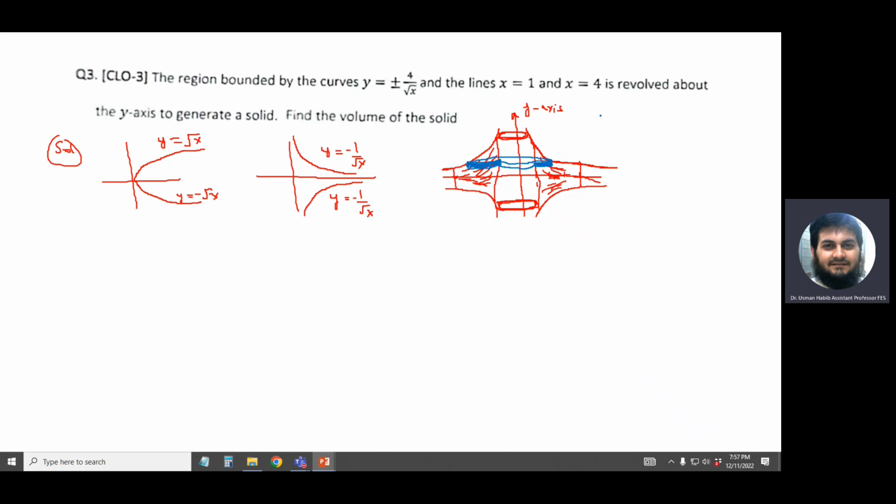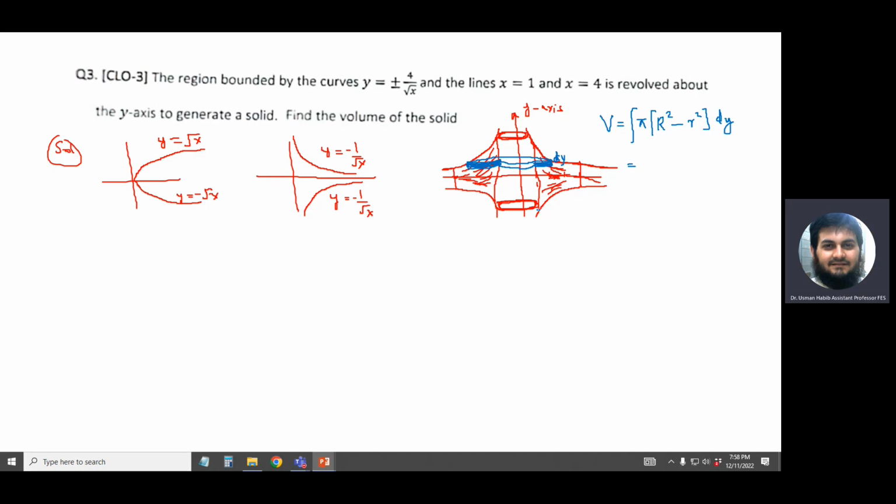And for the washer method, we know that we have to integrate from this point up to this point, and we will place washers along this y-axis. So each washer will have a small depth of d of y. In terms of y, we will look for the outer radius minus the inner radius, whole square, into the d of y.